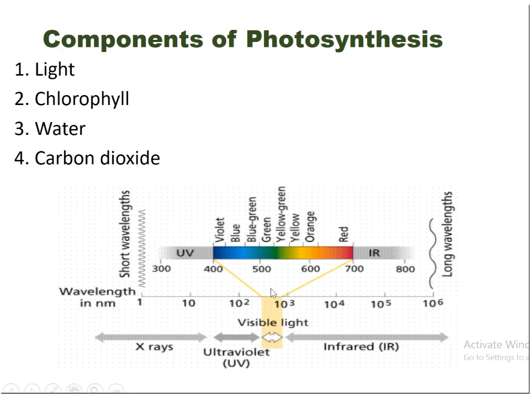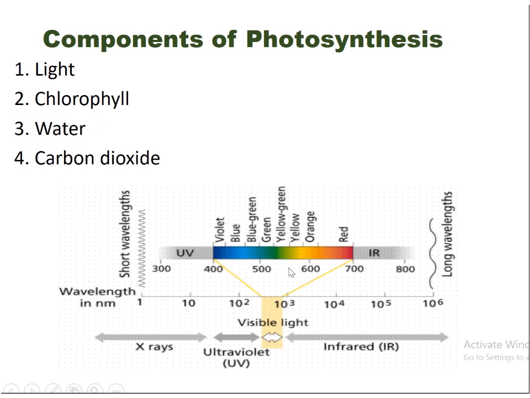Here is the electromagnetic spectrum of light; among this large spectrum, the plant can only use the visible light. See here, the visible light is defined as having wavelengths in the range of 400 to 700 nanometers, between the infrared ray wavelength and the ultraviolet ray.